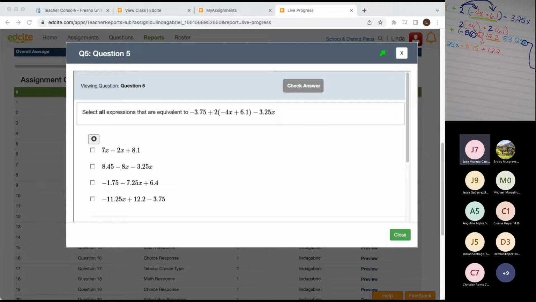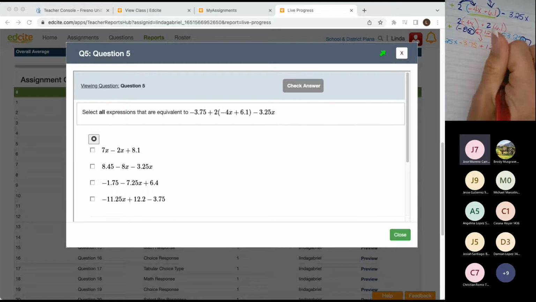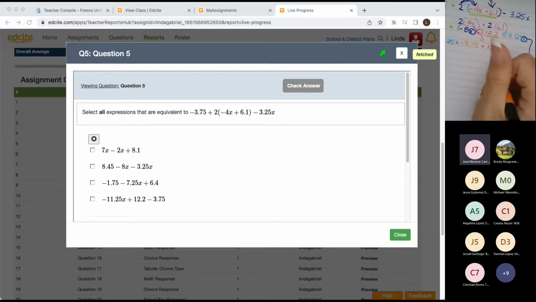So I'm adding numbers of different sign. I'm going to subtract from the larger number. So 12.2 minus 3.75. I'm going to add a 0 here. So 0 minus 5 I can't do. I need to borrow 1, right?